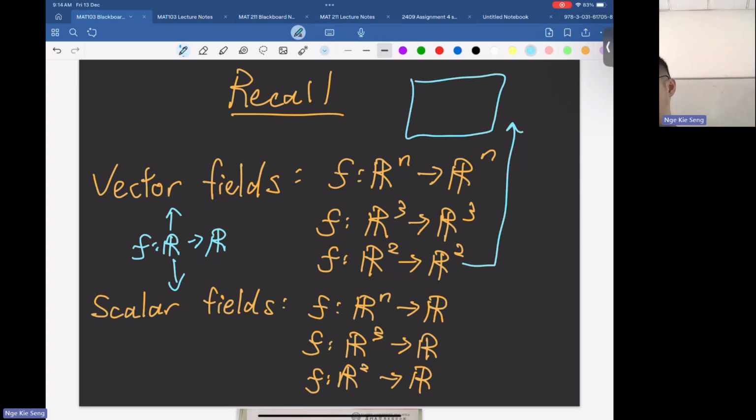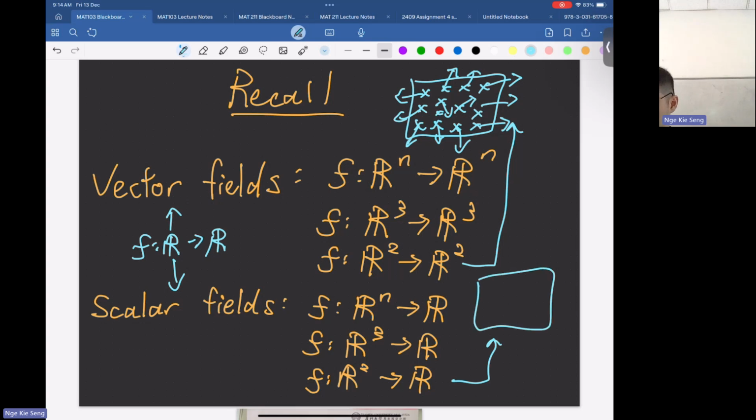You should imagine you've got a plane, and above this plane, you attach a vector, like that. How about a scalar field? For example, from R2 to R, every point is just attached with a number.